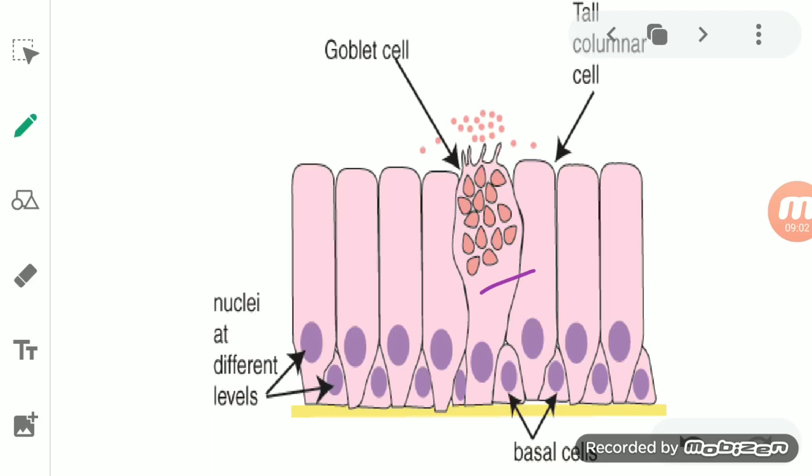Okay, so these are the three modifications which occur in the columnar epithelium. Now on that basis, the overall function of columnar epithelium is that it helps in absorption, in secretion, as well as in conduction. Okay, so these are the different functions of the columnar epithelial tissue.